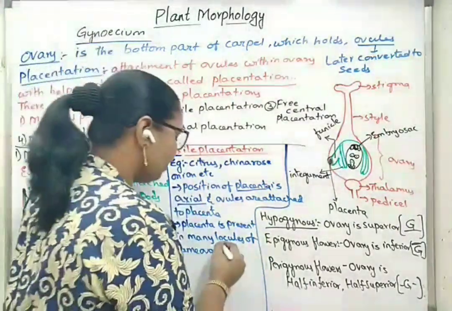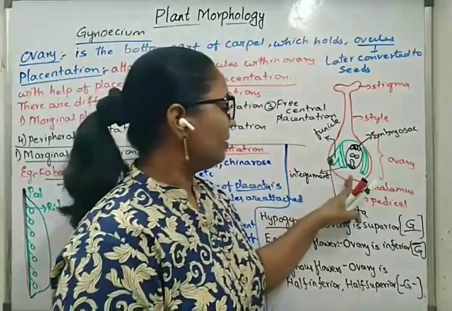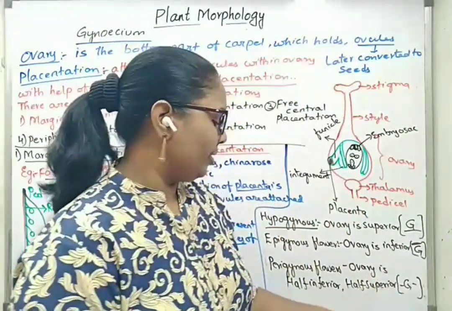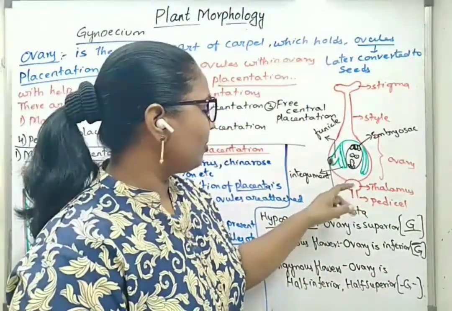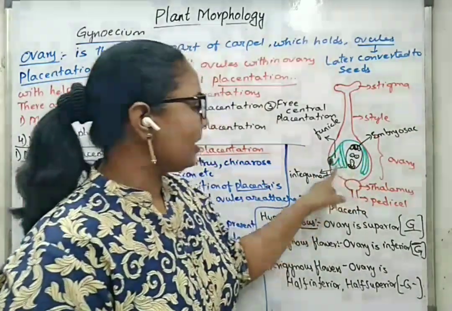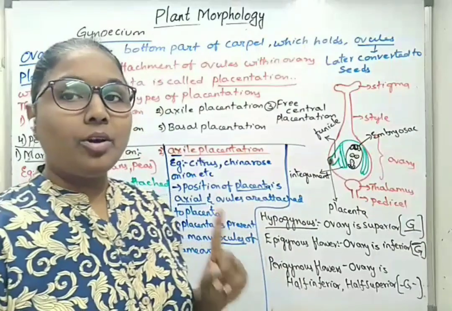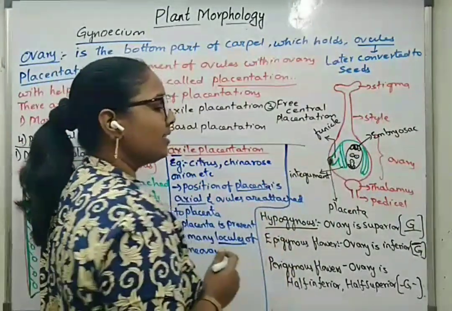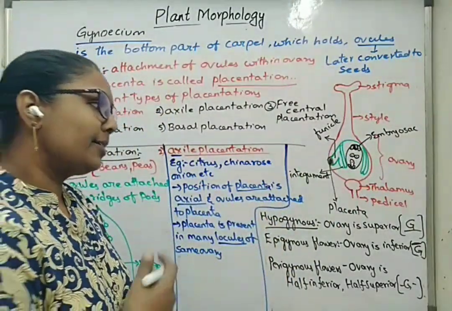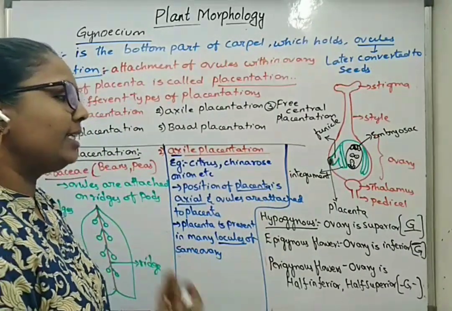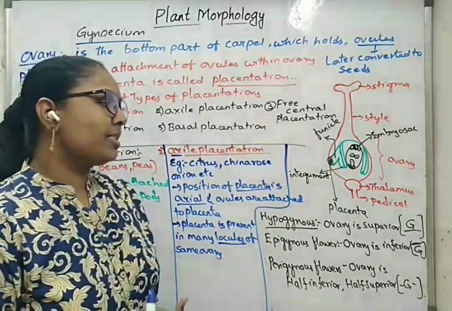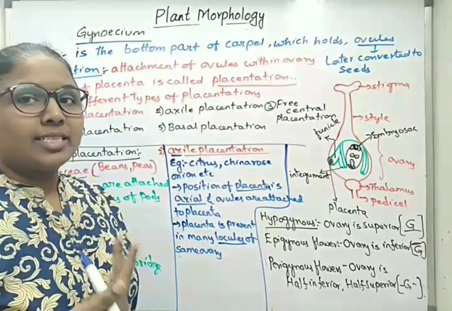Now, what is the meaning of locules? Here we have drawn only one ovule. When we have drawn only one ovule, it means that the complete chamber is only one. It means it is monolocular. Locule means the chamber inside the ovary. If there are many chambers, then we say multilocular. If there are two chambers, we say bilocular, trilocular.